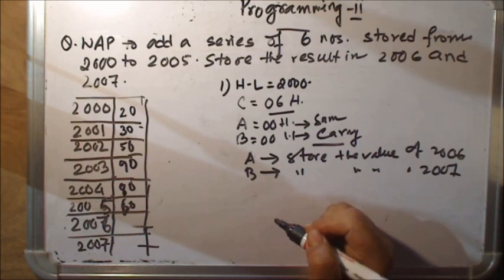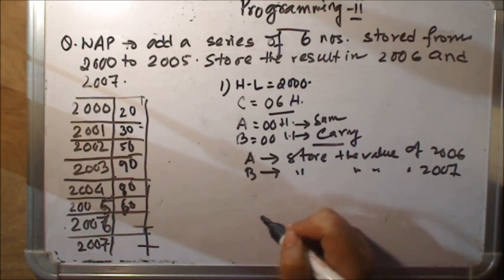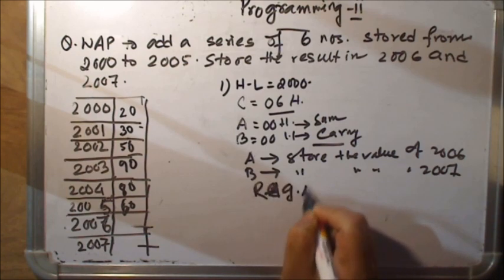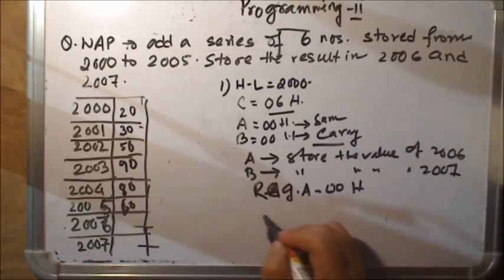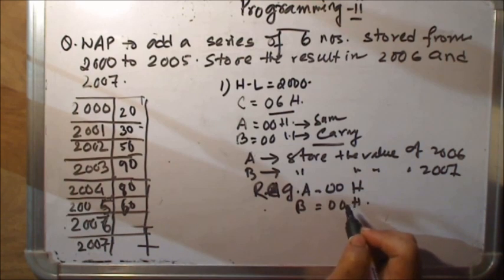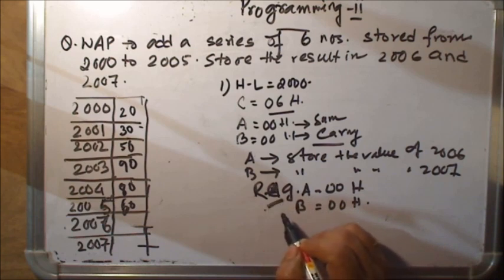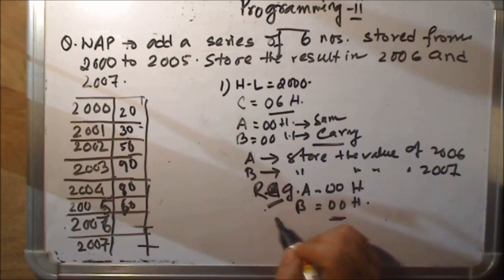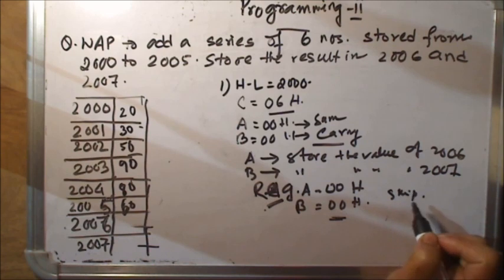So how will you build the logic for this program? Initialize register A with 00H and register B with 00H. Go on adding every number to your sum, that is A. Every time there is a carry, increment the carry register. If there is no carry, then skip. See here, you will get the logic more clearly.